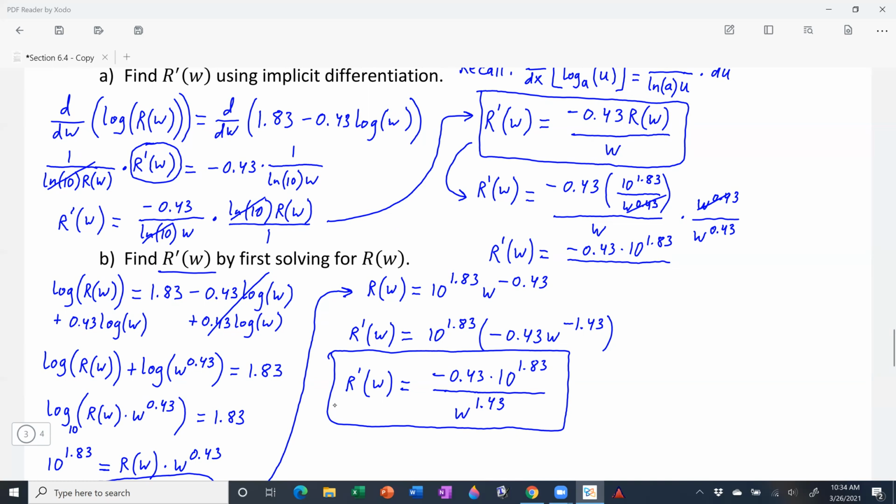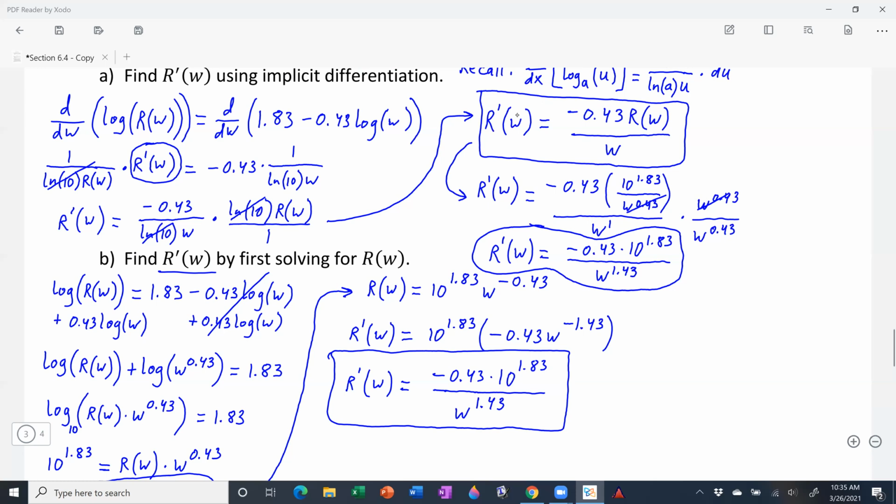And so there's like a little 1 on that W as an exponent. And so when you multiply, the powers add up. So that's going to be W to the 1 plus 0.43, which is 1.43. And hey, how cool is that? That is exactly the same answer that we got when we first solved for R of W before taking the derivative.